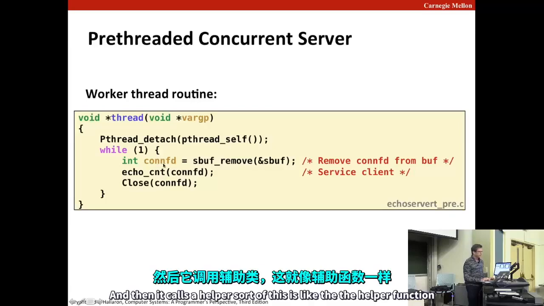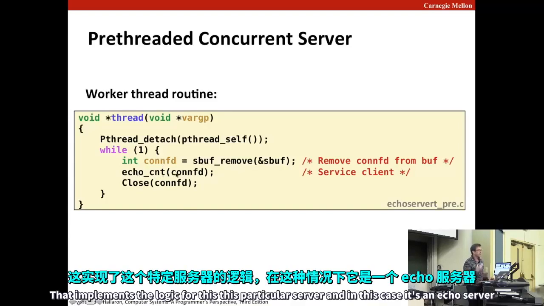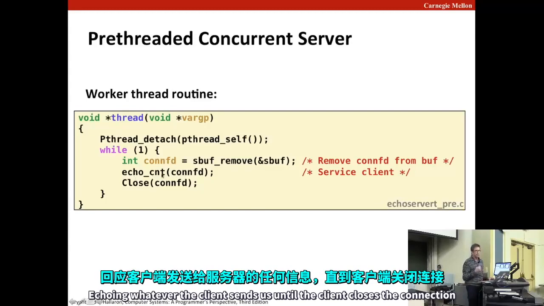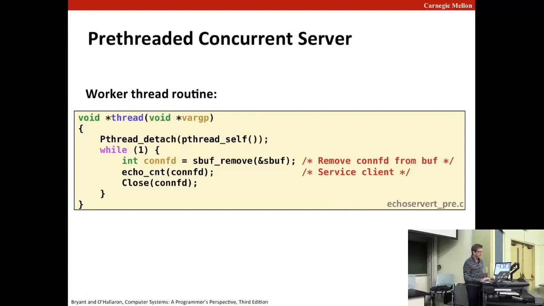confd. And then it calls a helper function that implements the logic for this particular server. In this case, it's an echo server. So this echo count routine will interact with the client, echoing whatever the client sends us until the client closes the connection.